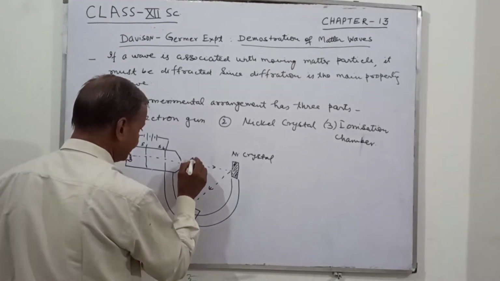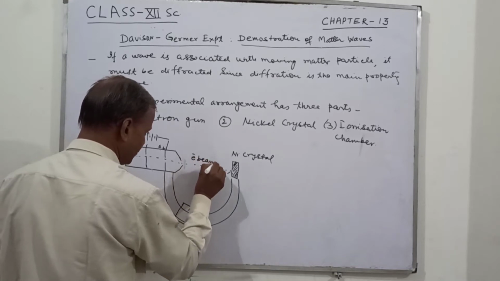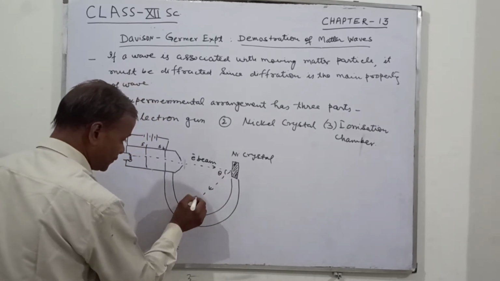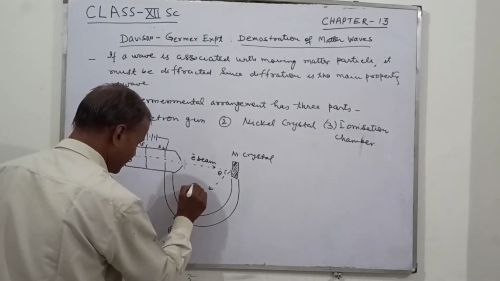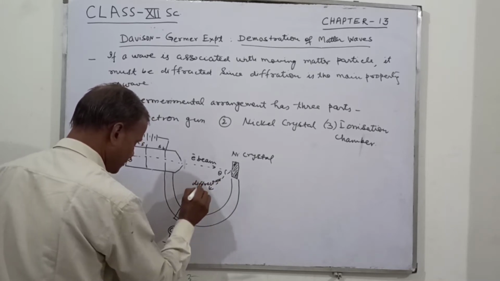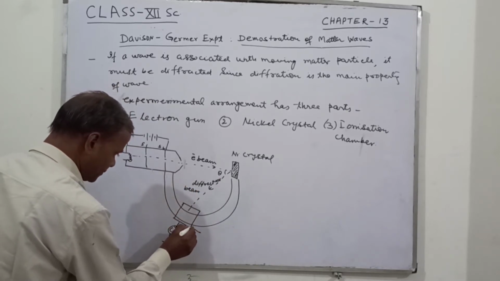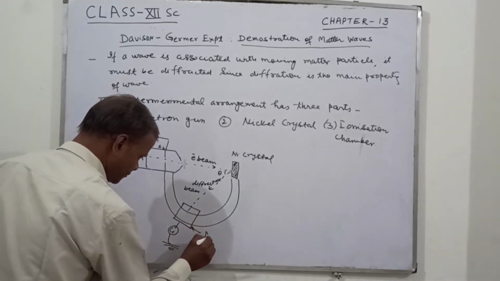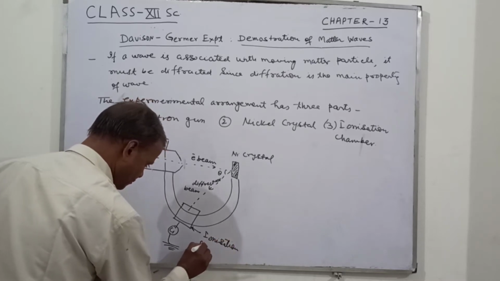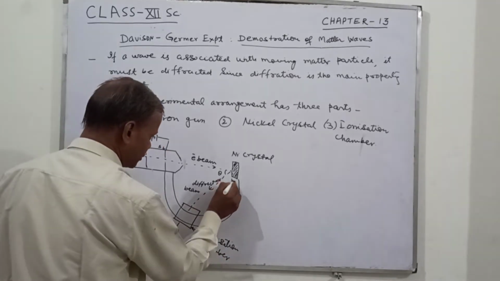This is the electron beam. This is the angle of diffraction. This is the diffracted beam. This is the ionization chamber. This is the circular scale.